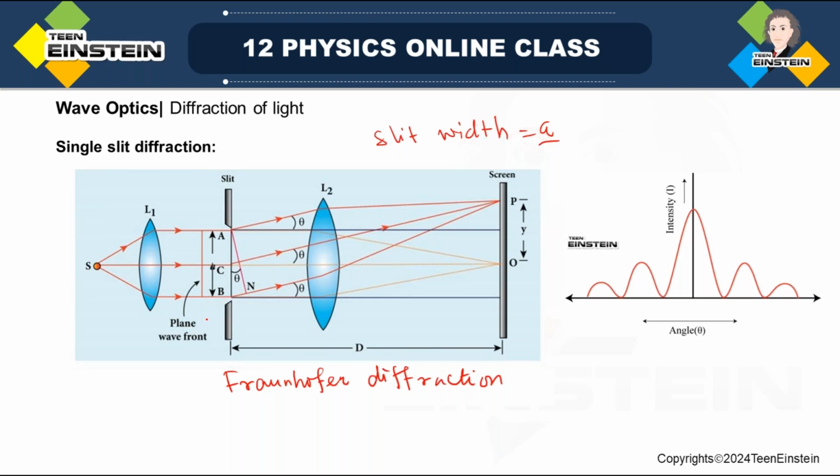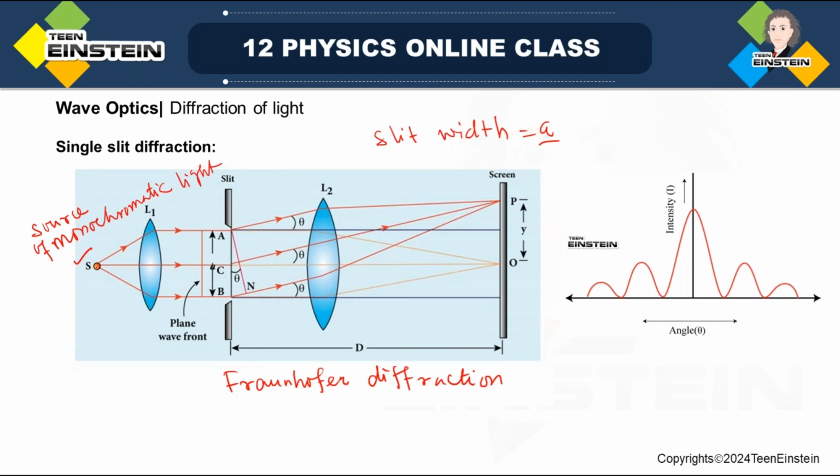Now this is the source of monochromatic light. As I said, in case of Fraunhofer diffraction, your source should be at infinity.